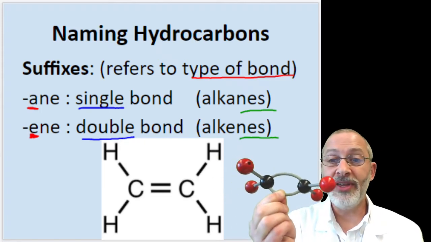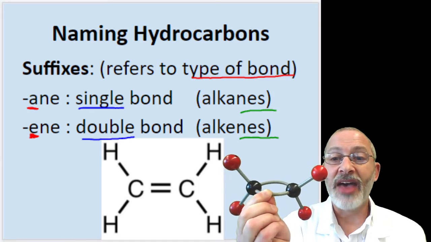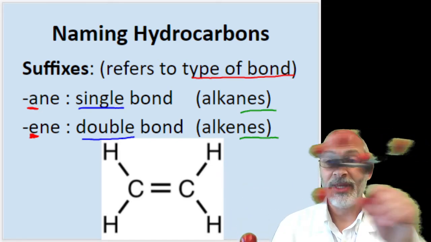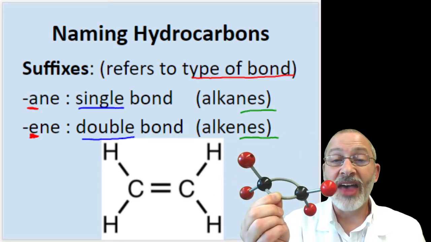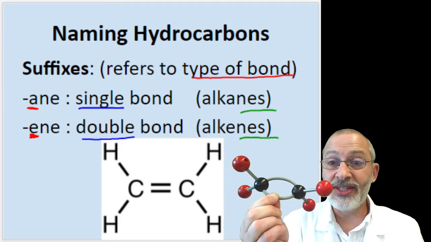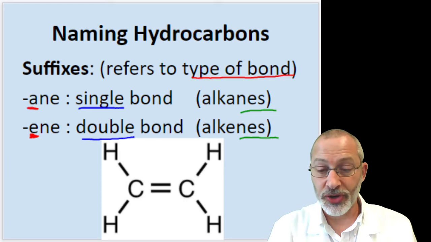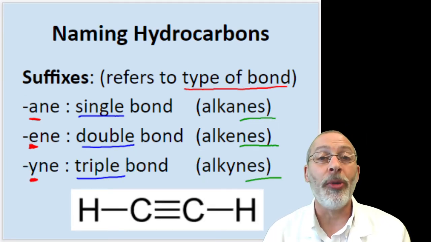So the name of this hydrocarbon would be ethene. This is ethene. This is ethane. This is ethene. Do you see the difference between the two?